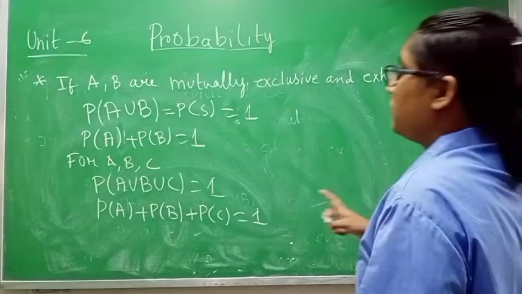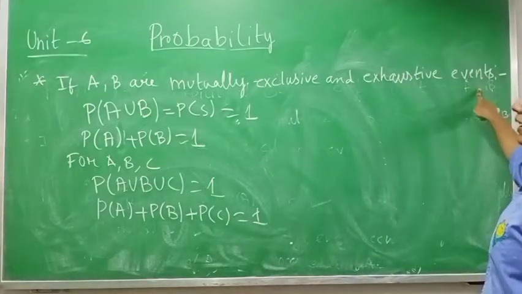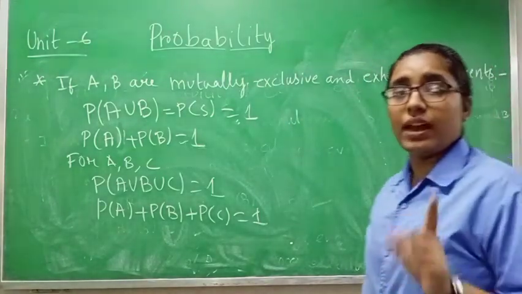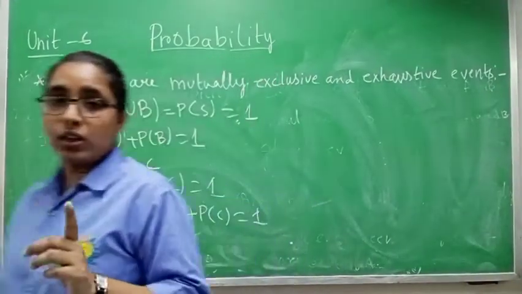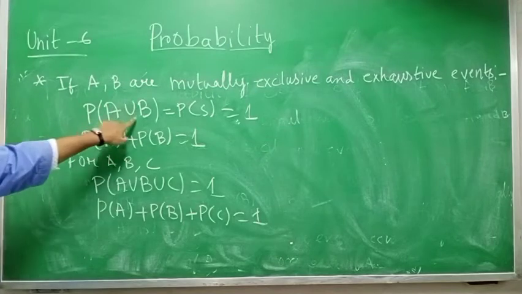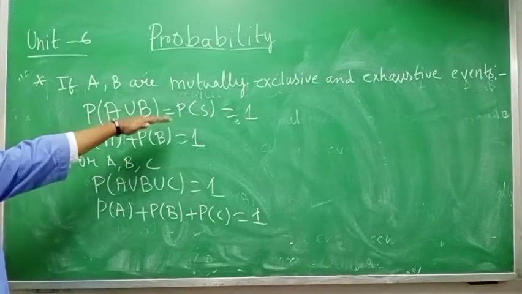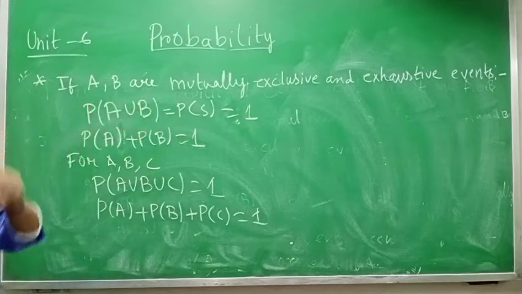If A and B are two mutually exclusive and exhaustive events, at that time what will the formula be? P(A union B) equals P(S), the probability of the sure event, where S means sure event, equals 1.